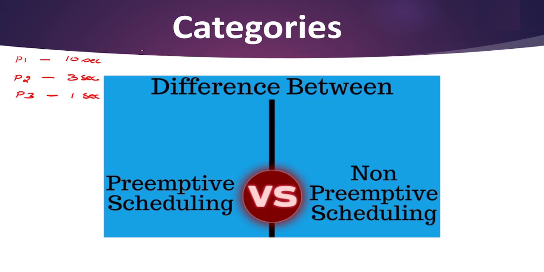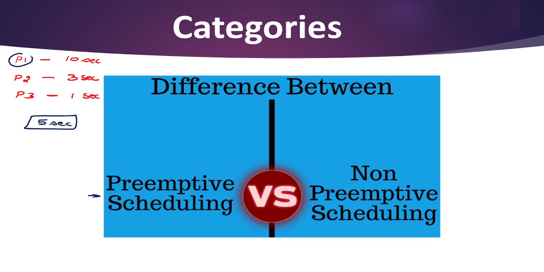Let's say our process P1 wants the CPU just for 10 seconds. But in the case of preemptive scheduling, we always allocate some fixed amount of time. Let's say I have taken it as 5 seconds.